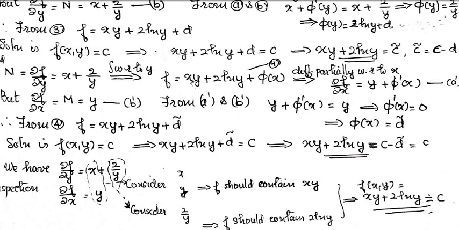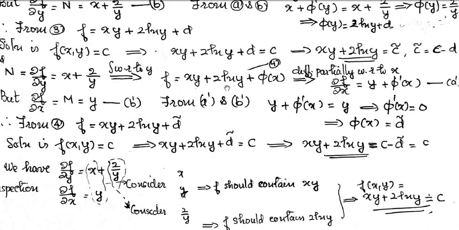Thus f is equal to xy plus 2 ln of y plus phi of x. As in the previous case, we are integrating with respect to y, so x may be treated here as a constant, or it may be an arbitrary constant.